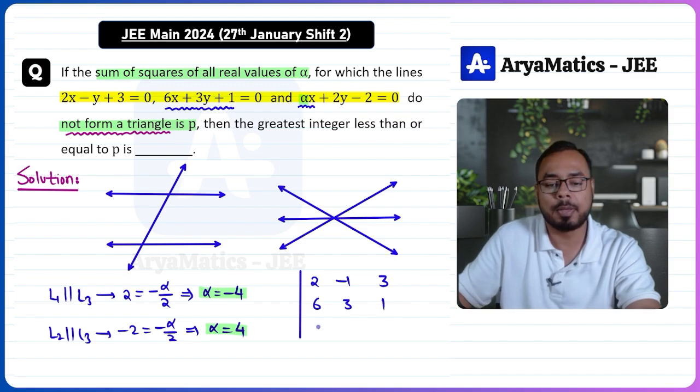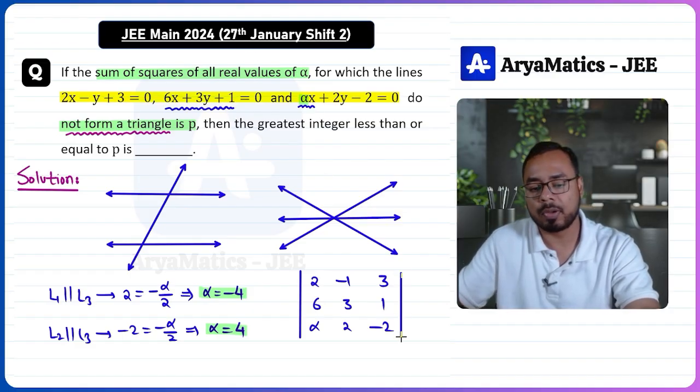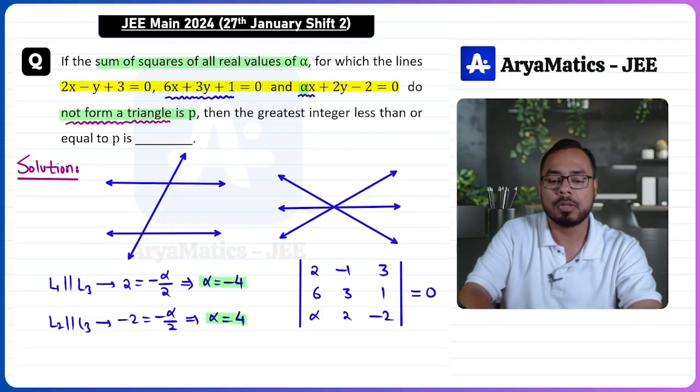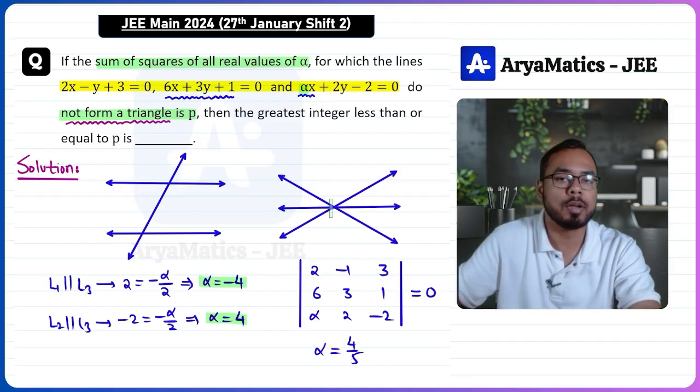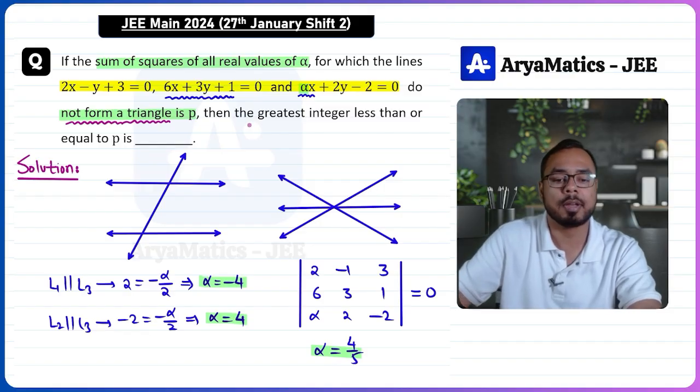And the last row will be alpha, 2, minus 2. Now, if this determinant becomes 0, then also we are not going to get any triangle because the three lines will be concurrent. If you solve this, you will find that alpha is 4 by 5. This calculation you can do on your own. So these are the three values of alpha for which we are not going to get any triangle.